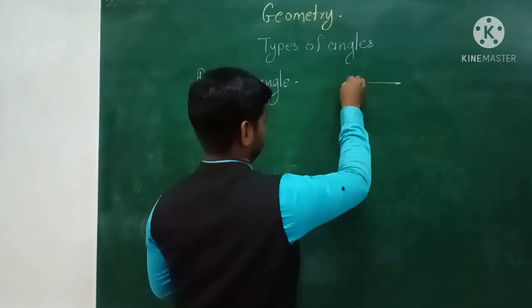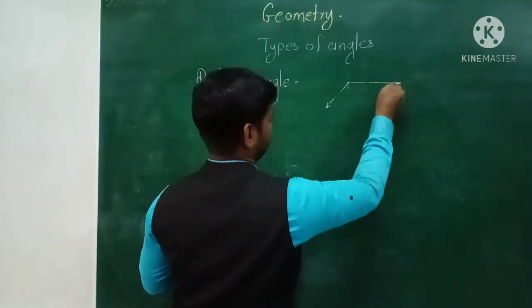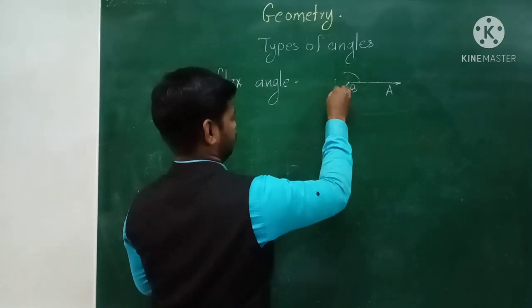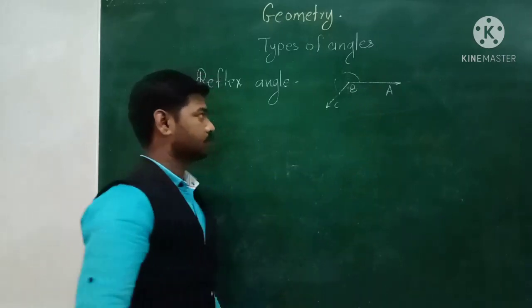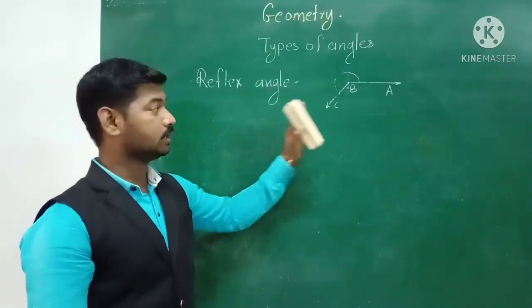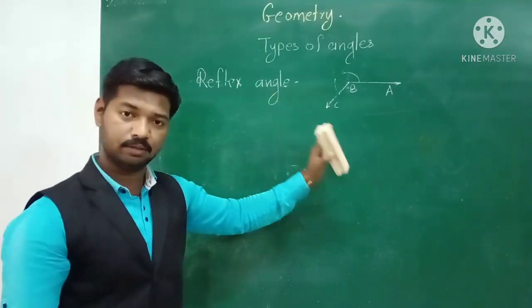See here, angle ABC. Such angle is known as reflex angle, which is more than 180 degree and less than 360 degree.